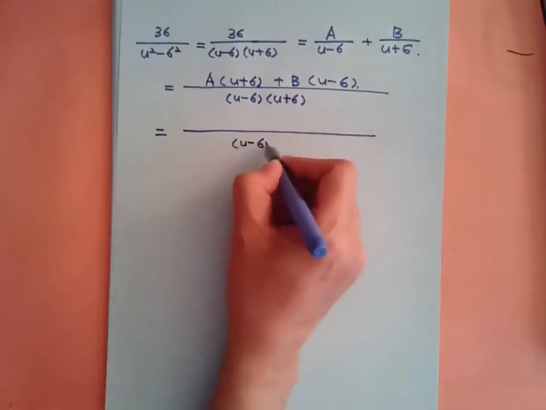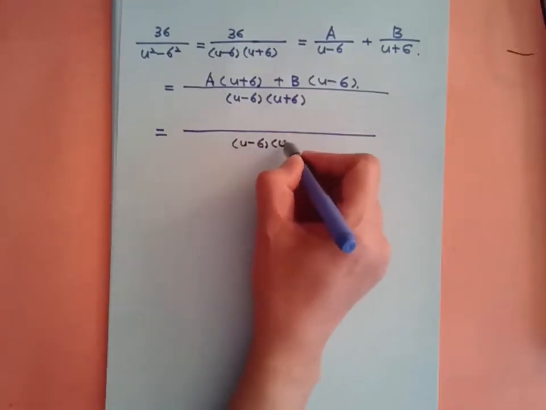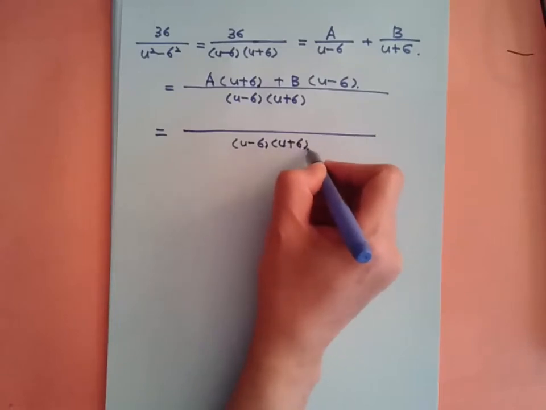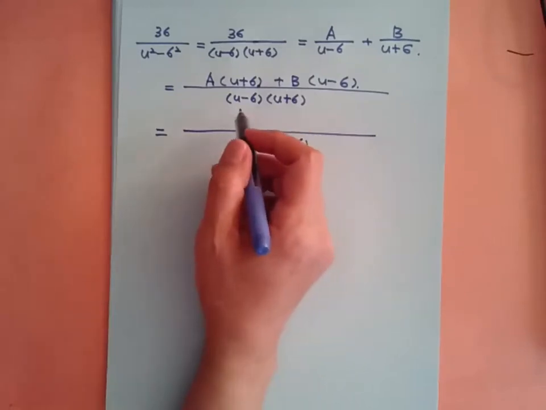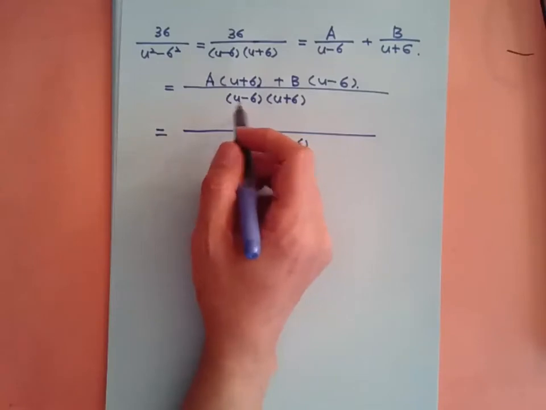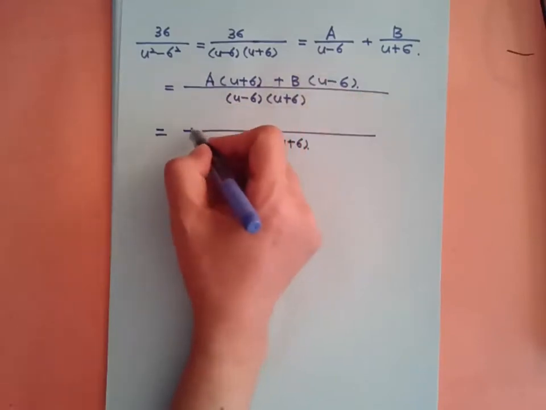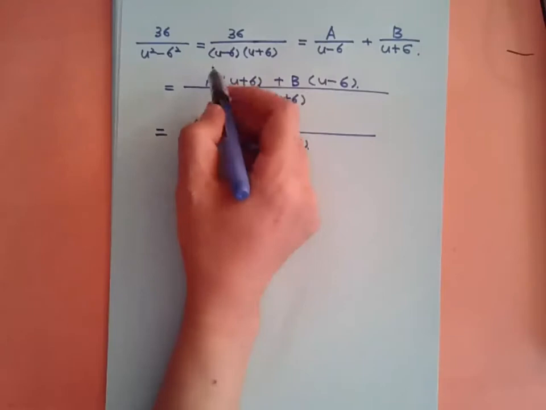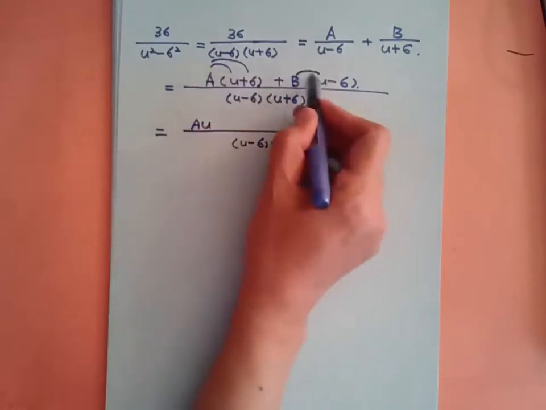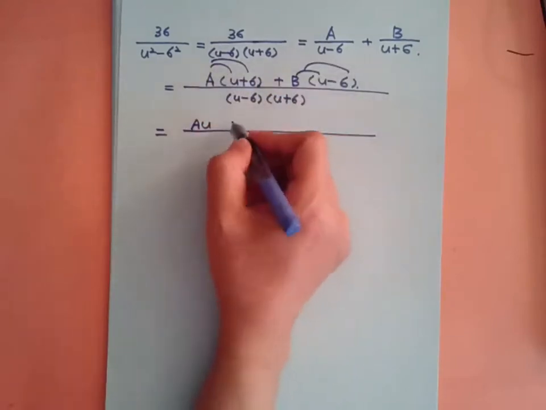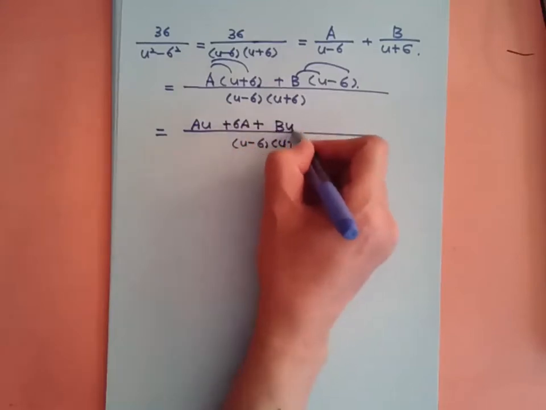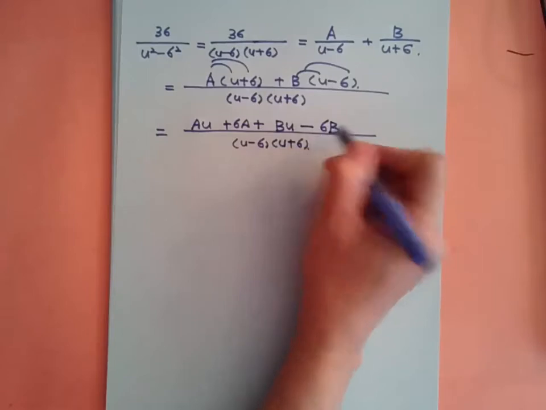So the denominator is u minus 6 and u plus 6. And then let's just distribute so that nobody becomes confused. Au plus 6A plus Bu minus 6B.